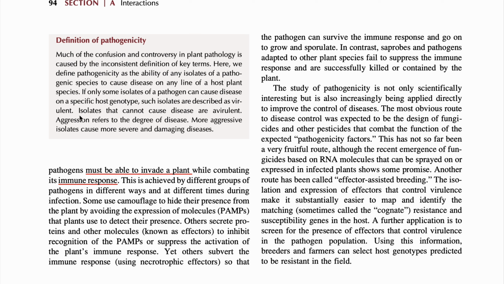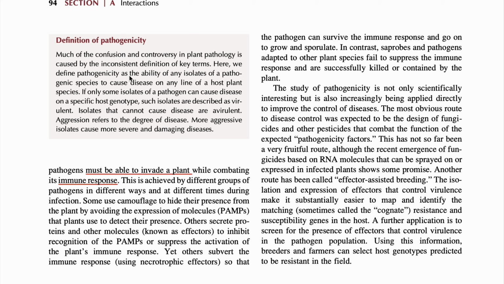Here on the left-hand side we will see a definition of pathogenicity. What they are saying is that much of the confusion and controversy in plant pathology is caused by the inconsistent definition of key terms. So here we will see how we can define pathogenicity.